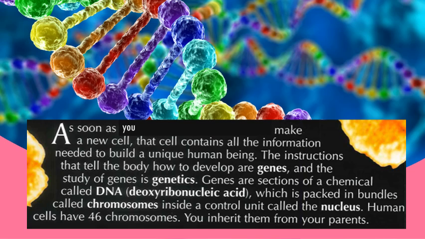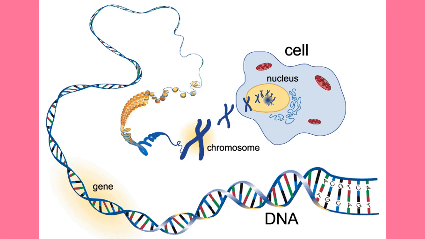You inherit them from your parents. So here you'll see that we have our cell. Our cell is over here, and our cell has a nucleus, and that has chromosomes.